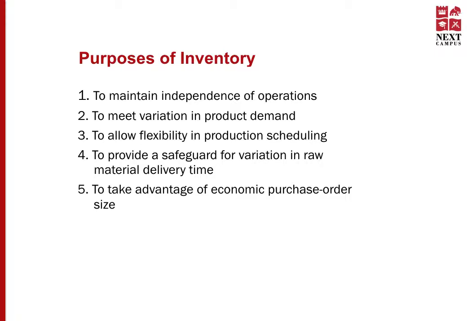Number four is to provide a safeguard for variation in raw material delivery time. This is to counteract supply variation due to supply issues like unprecedented longer lead times than was expected.